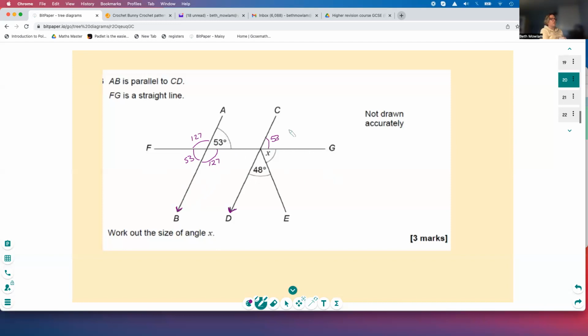And then all of a sudden, you might see what you need to do. So the more you fill them out, the more obvious it might become on what you need to do. So 53 add 48 is 101. Because I can see I've got a straight line, I can do 180 minus 101 is 79. So X would be 79 degrees.